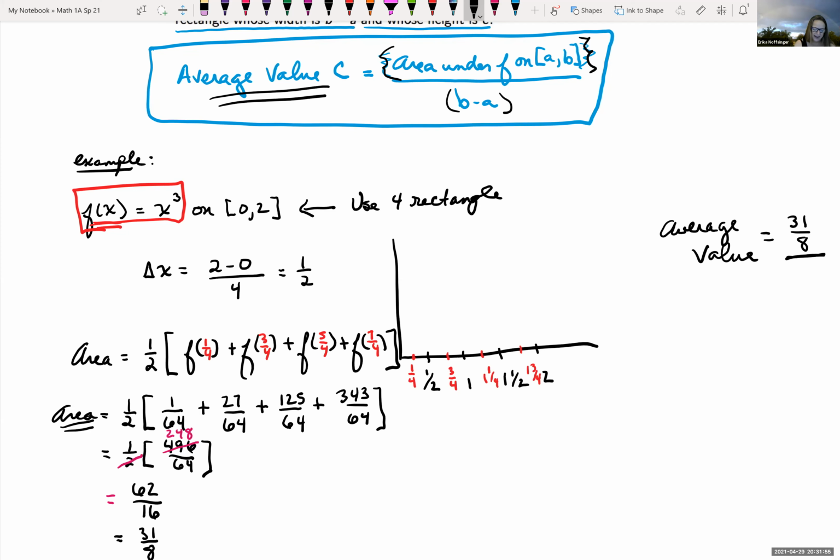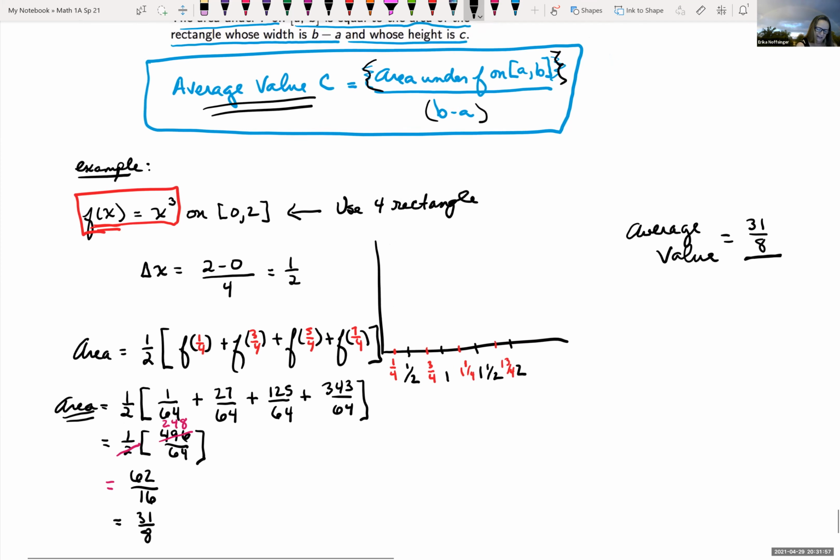So b minus a is 2 minus 0. So 31/8 times the reciprocal of 2, which is 1/2. So we have 31/16.